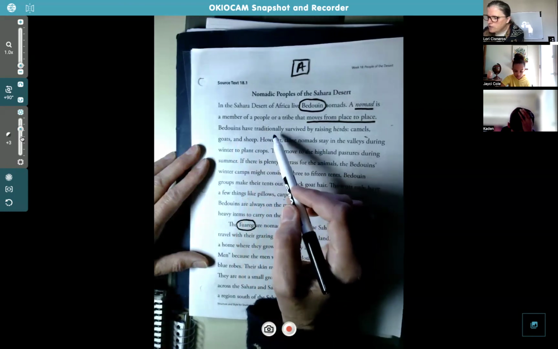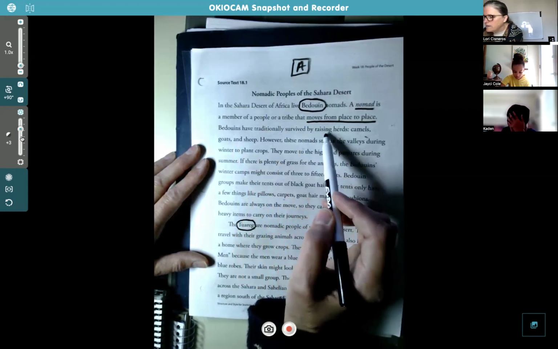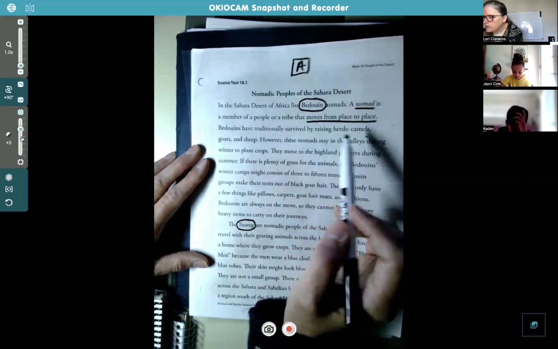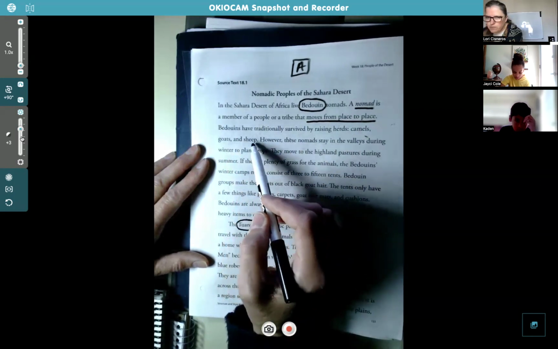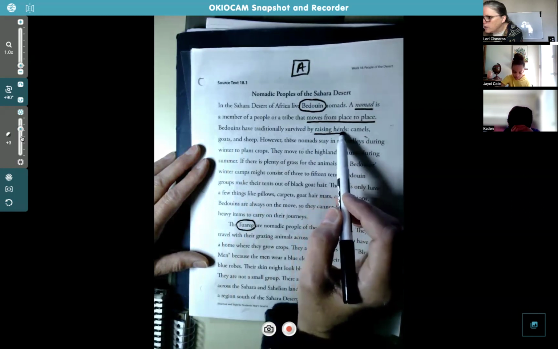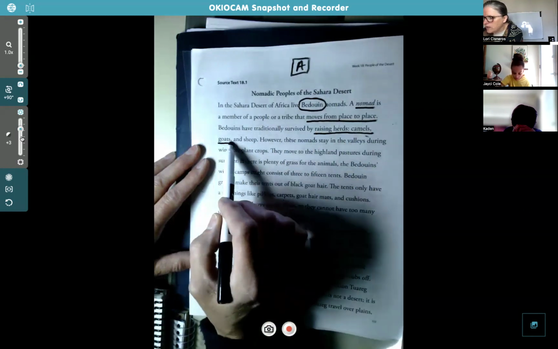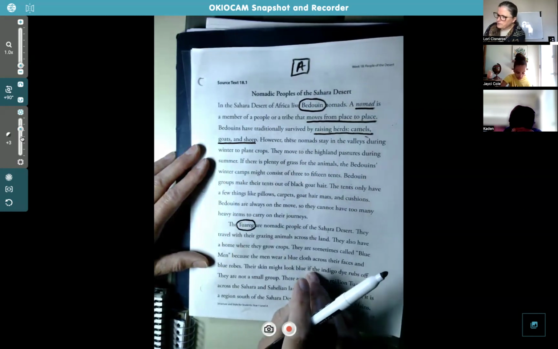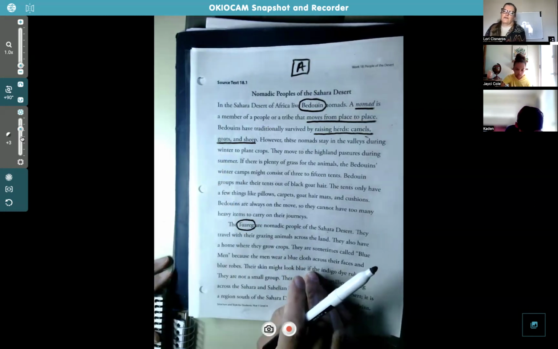Bedouins have traditionally survived by raising herds, camels, goats, and sheep. So I'm going to underline raising herds, camels, goats, and sheep. That's how they've survived. And I'm thinking because, you know, that's their food. Maybe not the camels.